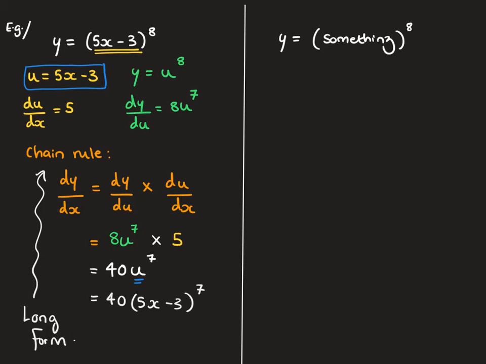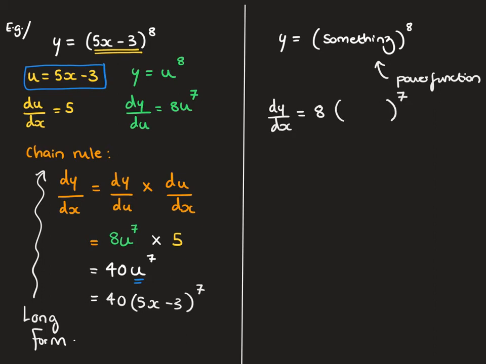Let's now have a look at applying the quick chain rule. So remember, I said I had y equals something to the power of 8. So it's a power function, or a polynomial type function. Something is being raised to a power. So we know that when we differentiate and there's a power involved, we multiply by the power, we reduce the power by 1.